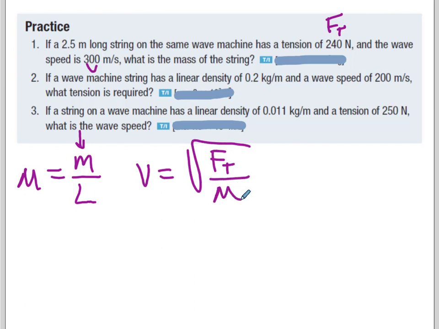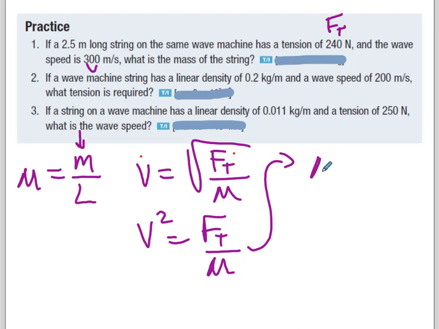Okay, so I know a couple of these things. I know this one, and I'm going to try and work with this piece down on the bottom. So let's put in what we know. Oh, let's rearrange it first. Let's go v squared equals F_T over mu, and then I'm going to rearrange, because I know tension, because I know velocity, and then I can replace mu with mass over length.